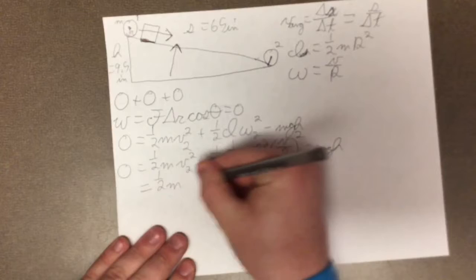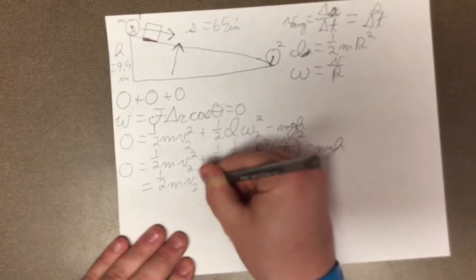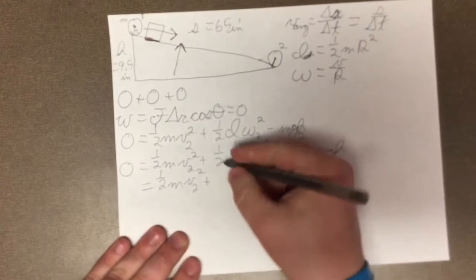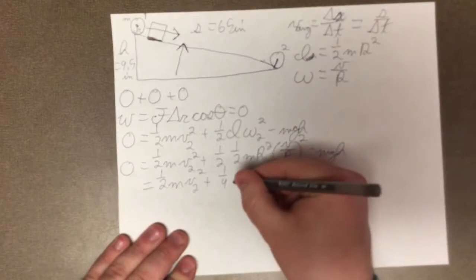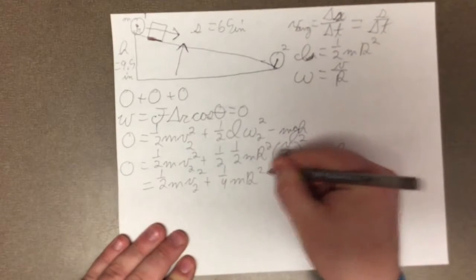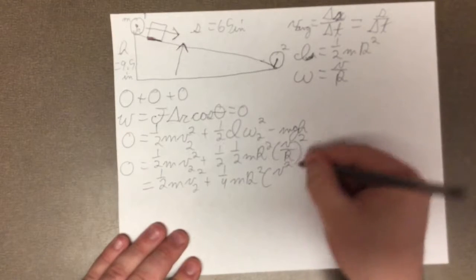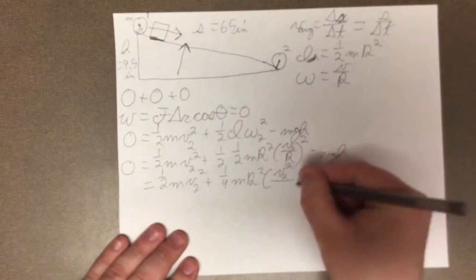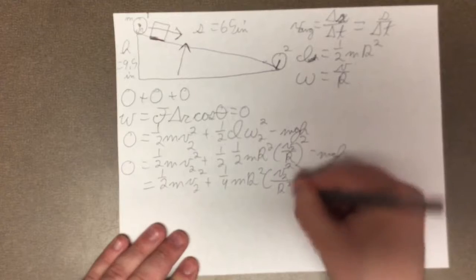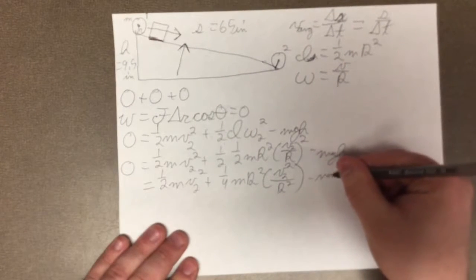Now, since we have all this in, we can start solving it out, and let's start simplifying this. This equals 1/2 the mass times velocity 2 squared, plus 1/2 times 1/2, 1/4 mass times radius squared times v2 squared over r squared, minus mgh.